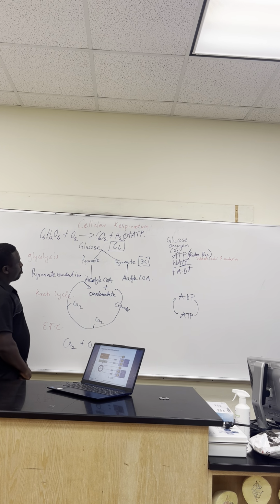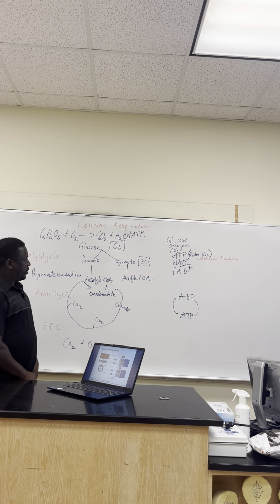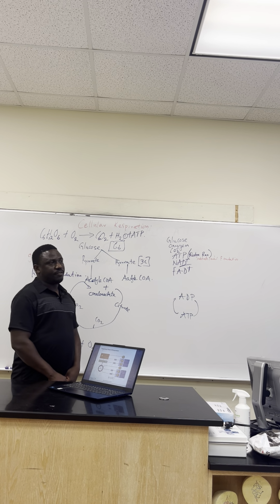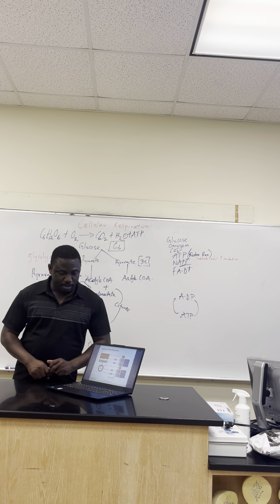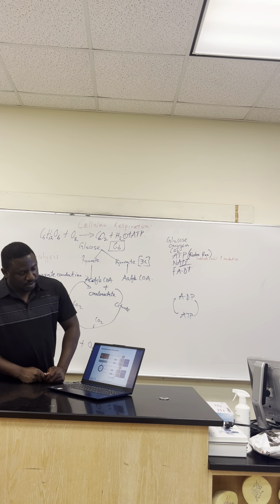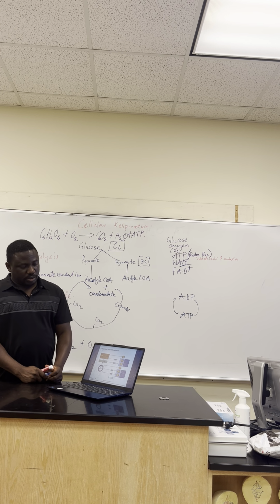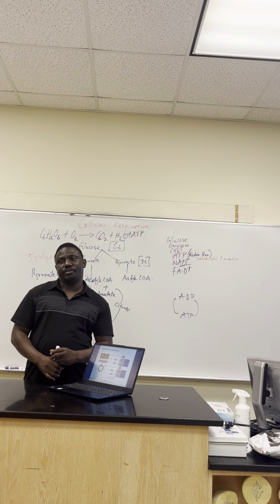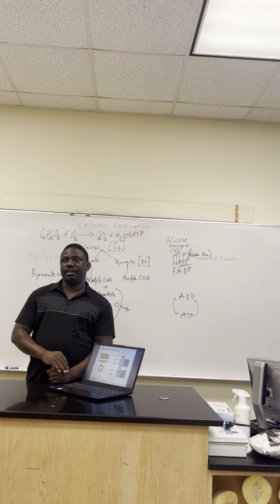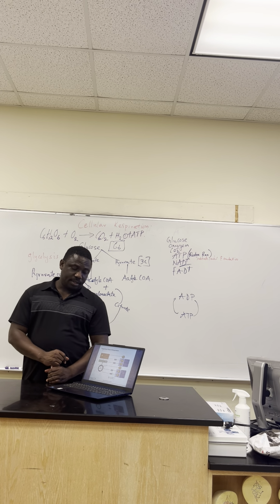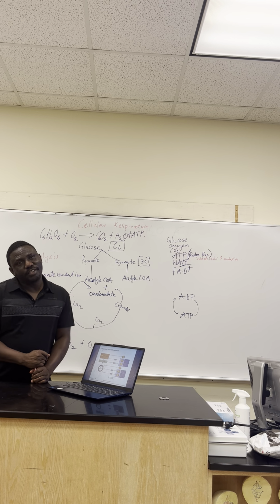And this is it. At the end of the day, you have a total of about 32 to 36 ATP being produced, depending on the organism that is involved. This is how you get your energy.